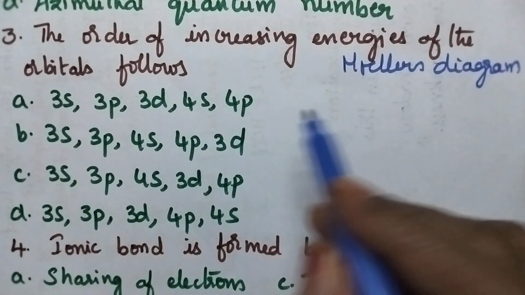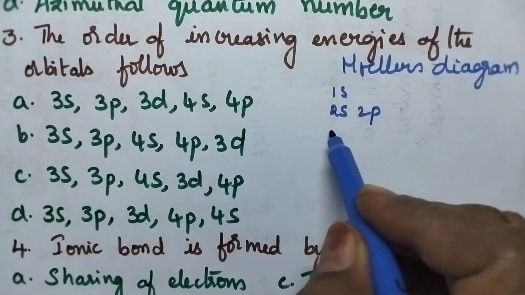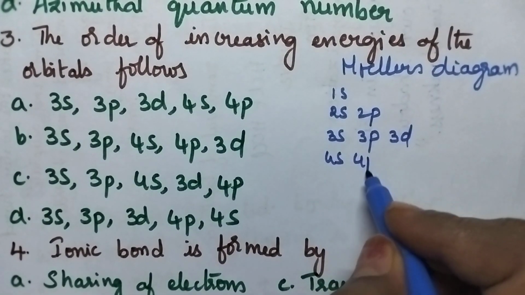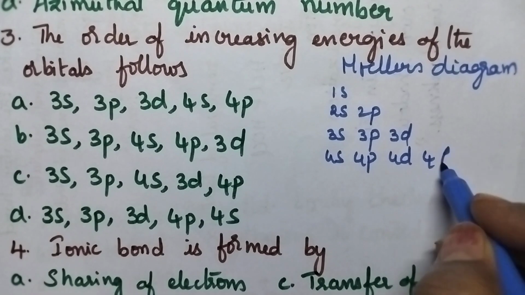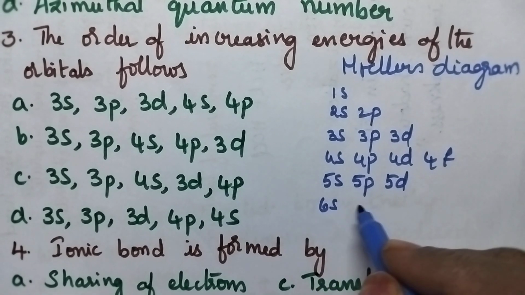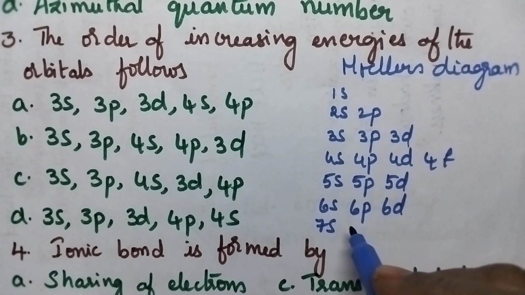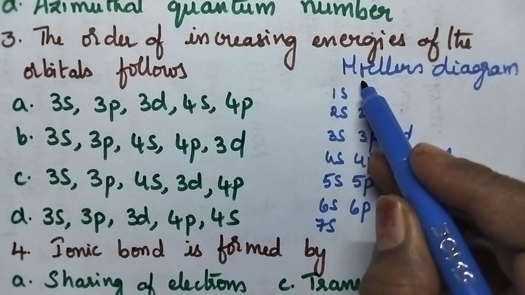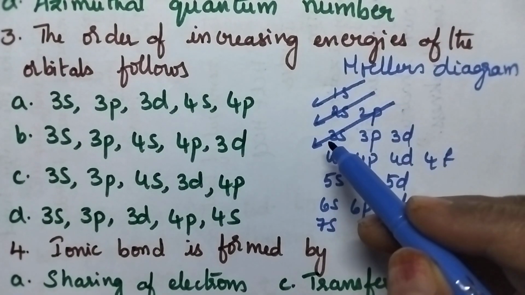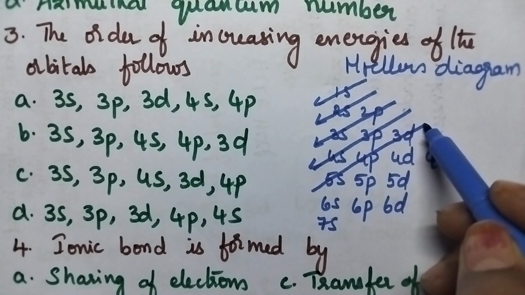Simply it can be represented as 1s, 2s, 2p, 3s, 3p, 3d, 4s, 4p, 4d, 4f, 5s, 5p, 5d, 6s, 6p, 6d, 7s, etc. So here we can calculate the order of energy of the orbitals. So it is possible to calculate the relative energy of the orbitals.